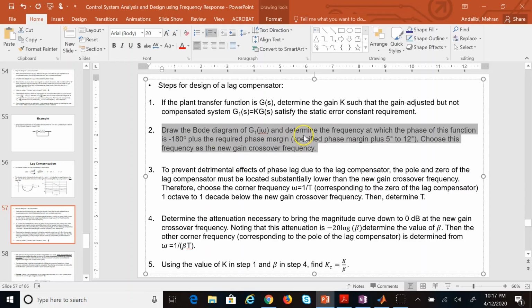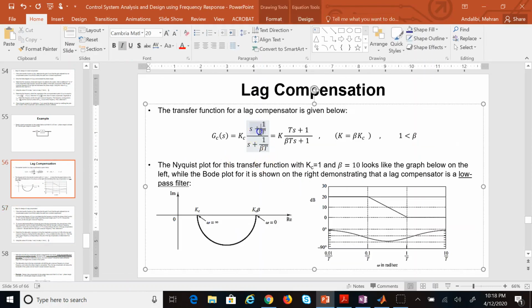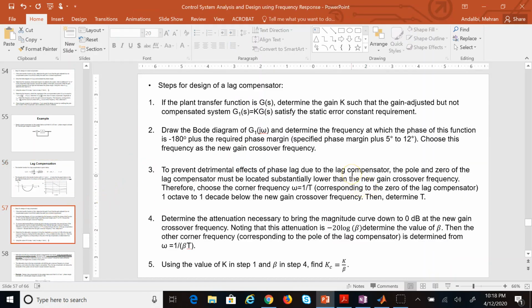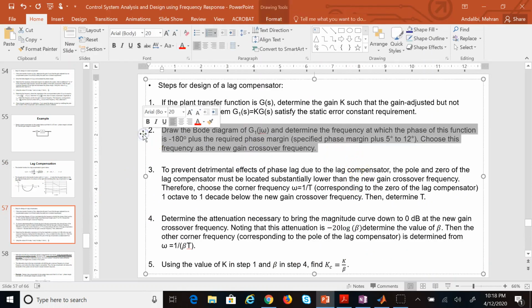So whatever frequency we found in step number 2, let's say, for example, 10 radians per second, to be the new gain crossover frequency, we make sure the zero and the pole of this transfer function, which are at 1 over T and 1 over beta T with negative sign, we make sure they are at frequencies quite lower than this frequency we found in step number 2.